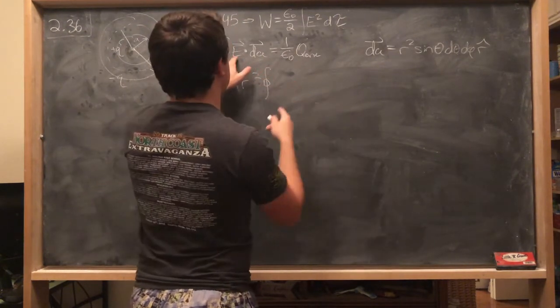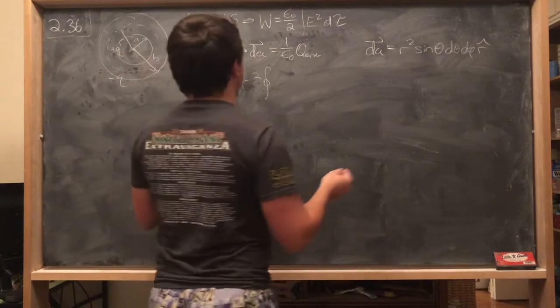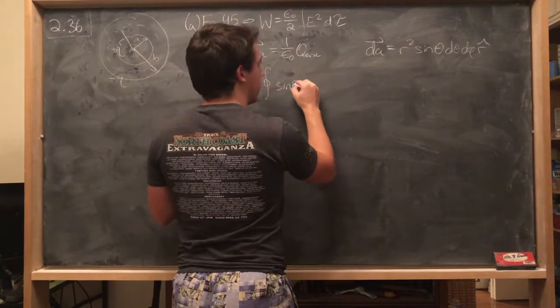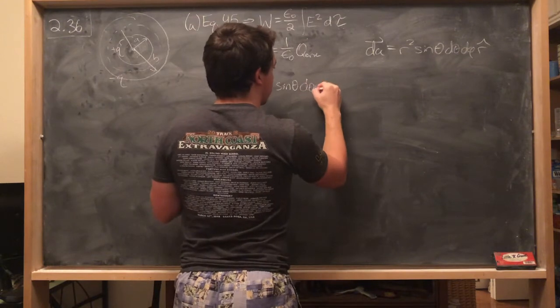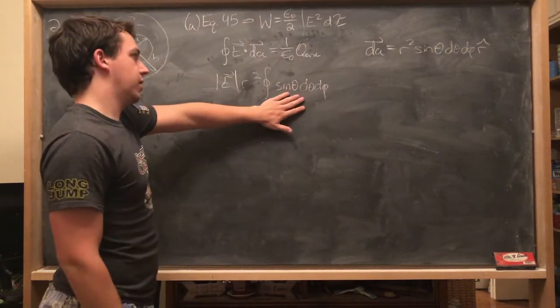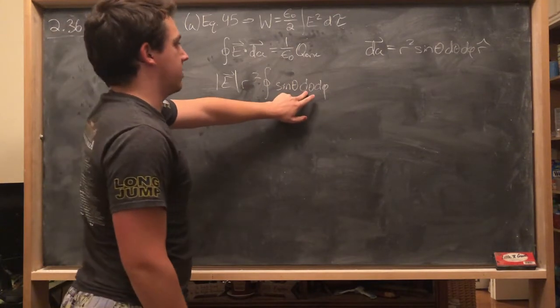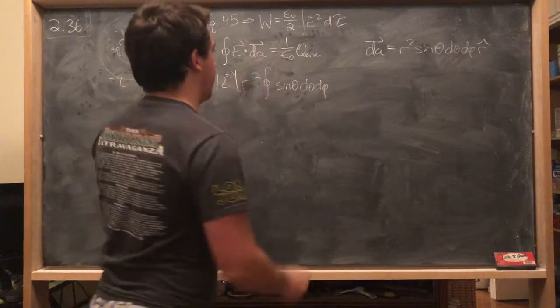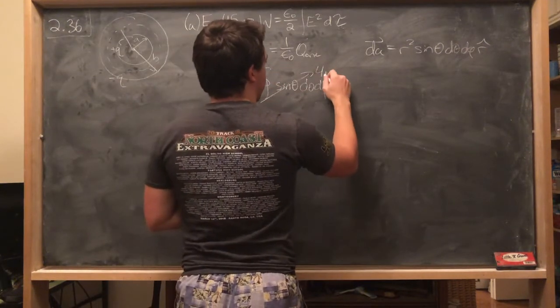Since E is in the R hat direction, they're dotted. Sine theta d theta d phi, which by now you should know, integrating theta, the polar angle, from 0 to pi, and phi, the azimuthal angle, from 0 to 2 pi, is 4 pi.